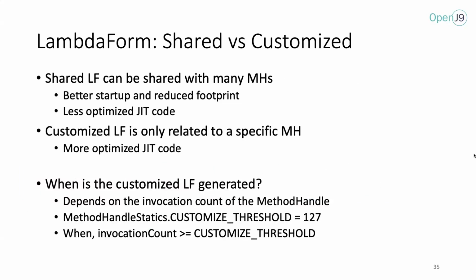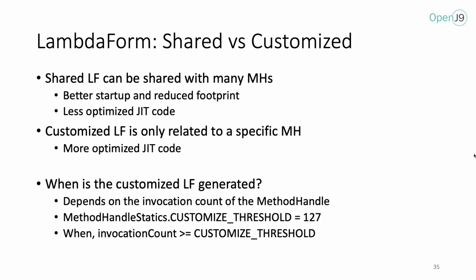But this will lead to less optimized JIT code because there is more logic in a shared LambdaForm, which will lead to slightly worse throughput. But when we move to a customized LambdaForm, those shareable expressions in the LambdaForm get removed, and hence the JIT is able to optimize that code better.